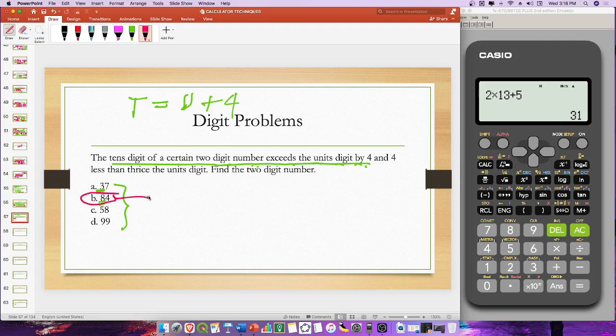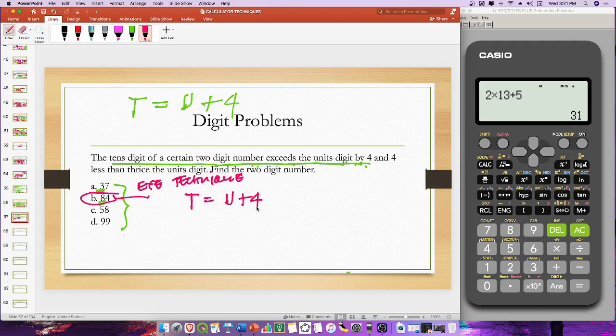Letter B, the tens digit exceeds the unit digit by 4, meaning the tens digit is greater than the unit digit by 4. That's how you solve the problem using I technique. Okay, this is 3 times, not 2 times. Again, t equals u plus 4.